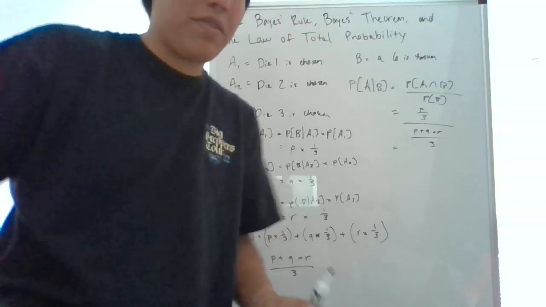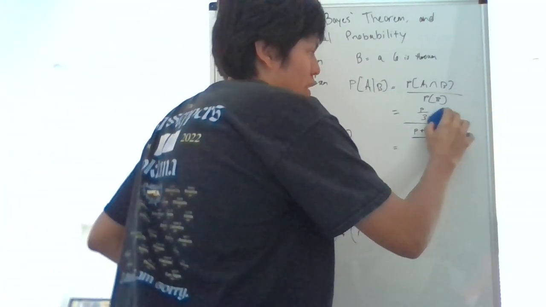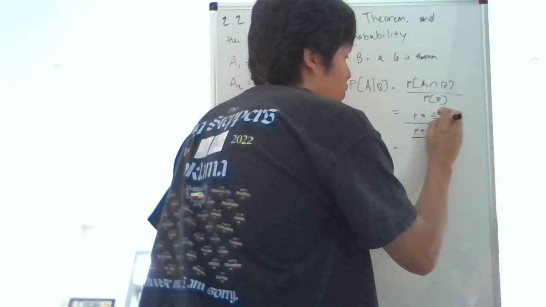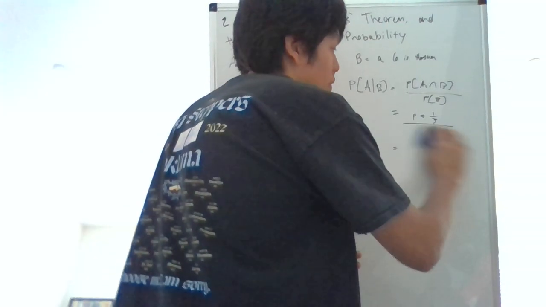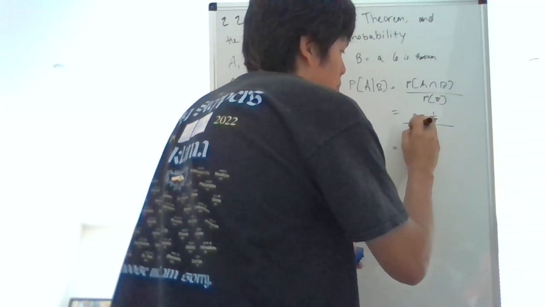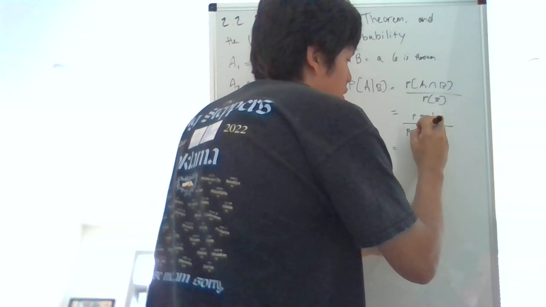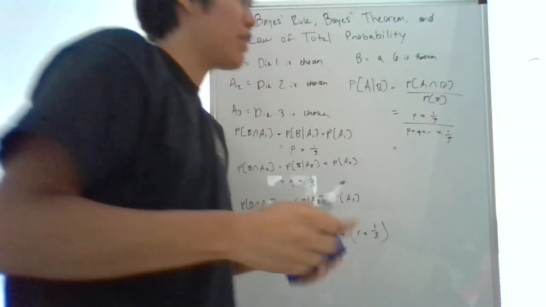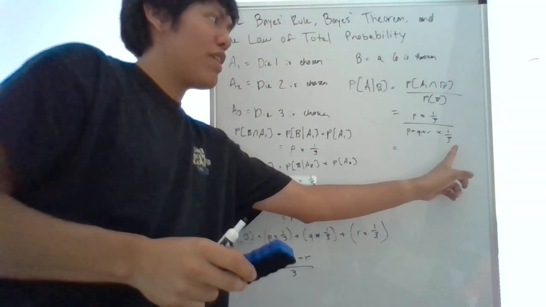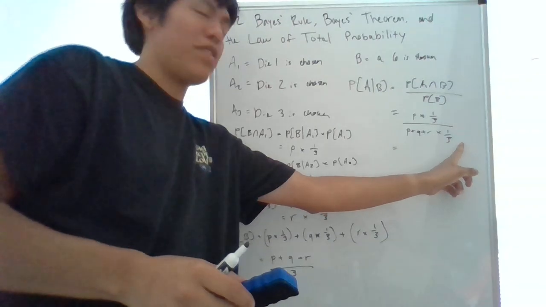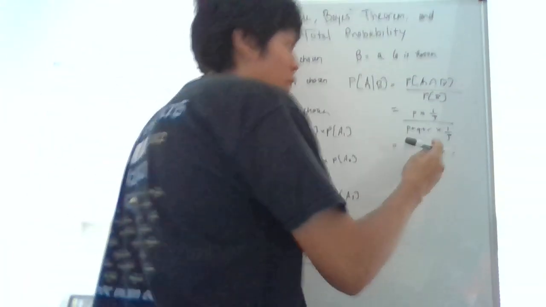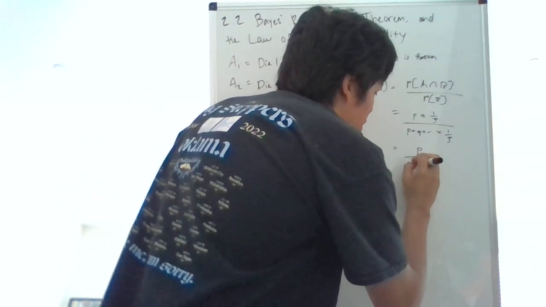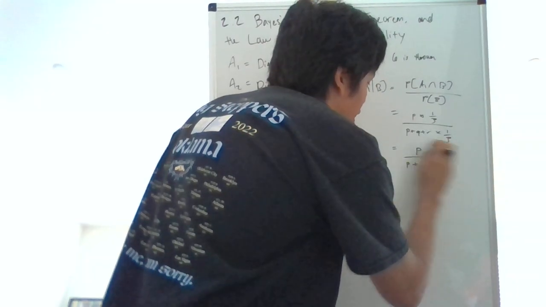Maybe it'll be more obvious if I write it in its original form: P times 1 over 3 equals P plus Q plus R times 1 over 3. Now it's more obvious. We have 1 over 3 in the numerator and 1 over 3 in the denominator, so those cancel out. What we're left with is P over P plus Q plus R, and that is the answer.